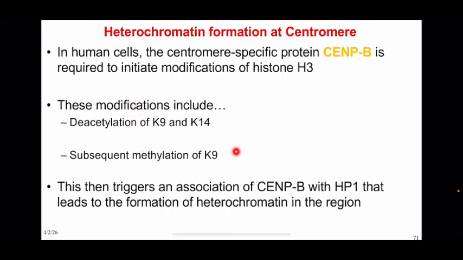So HP1 then binds to the CENP-B, and this will lead to the formation of heterochromatin in the region. HP1 in mammals was involved in formation of heterochromatin at telomeric regions. It's also involved in formation of heterochromatin at the centromere, but the other factors are different. At the telomeres it was just HP1, but it needed methylations before it could bind. But at the centromere, it requires the CENP-B protein before the HP1 can bind.